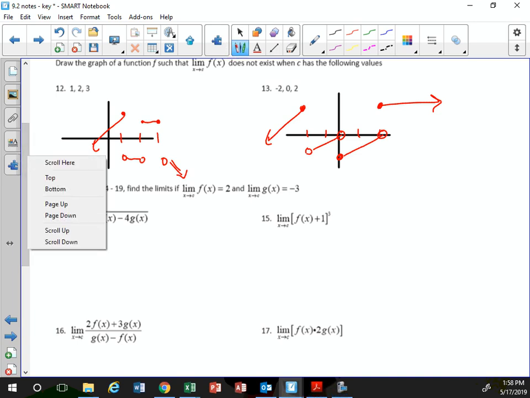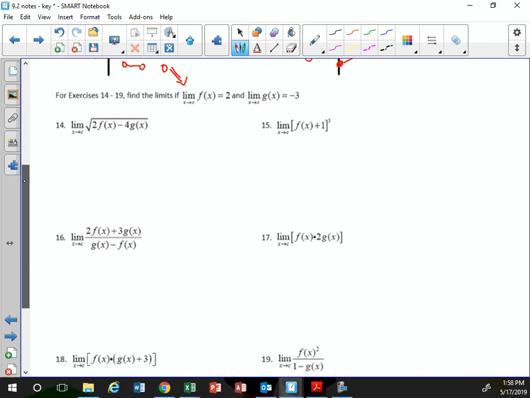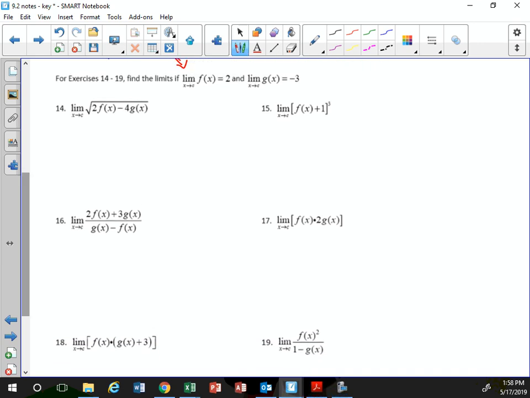Okay. The next part is really applying these properties that were at the beginning. Yeah, these look daunting. They're not. What the properties allow you to do, you know the value of this limit and the value of this limit. You're essentially just plugging those in, because you could take the limit of certain pieces and then evaluate them. So let's do the first couple together and then I'll let you try.